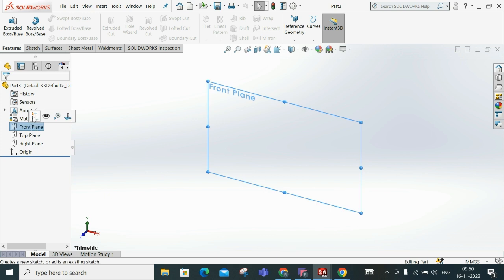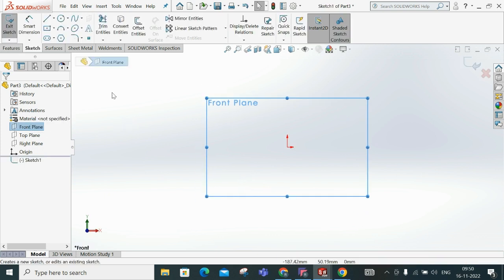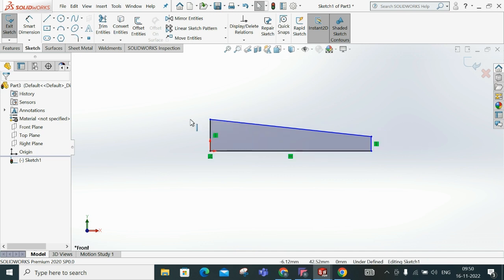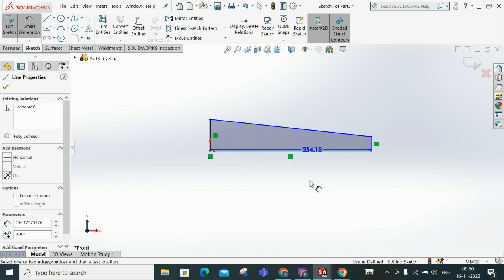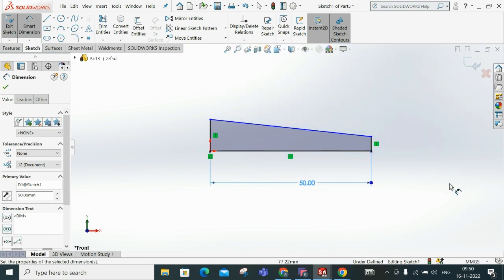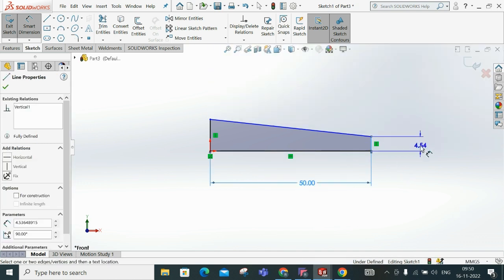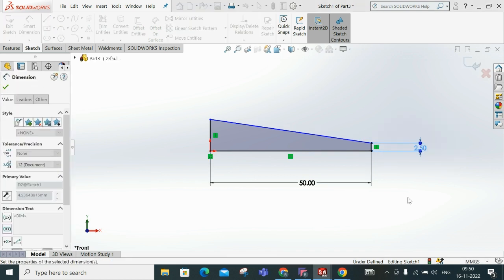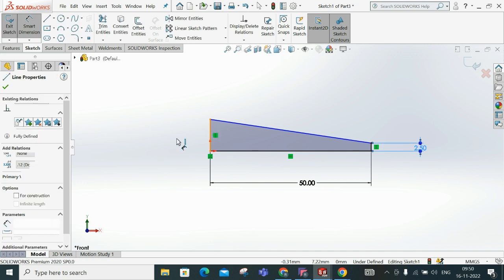Now let me see how to draw that taper pin. For that I'm not using a center line, I'm just using lines. Okay, 1 to 50, same taper pin. The total length is 50, and this has to be 2.5, this has to be 3.